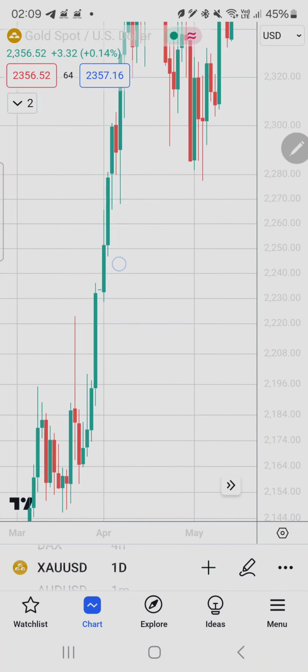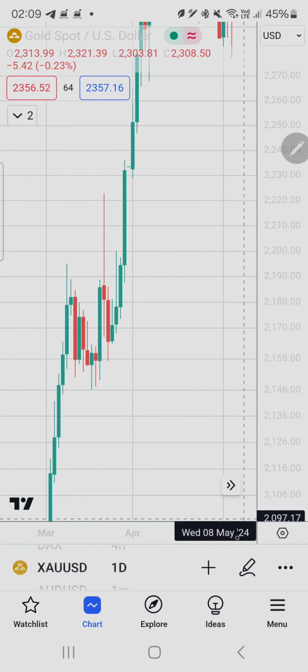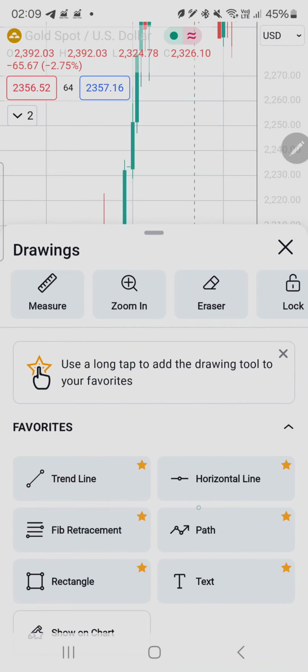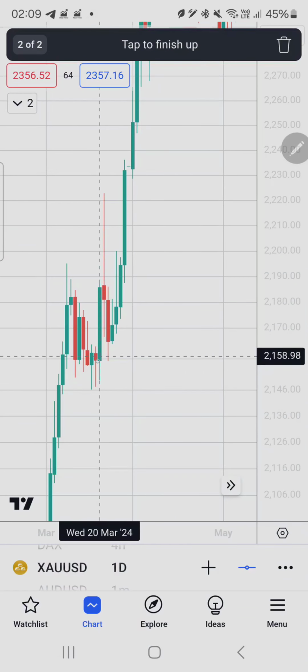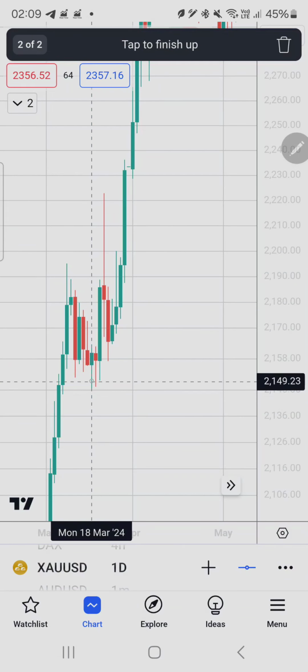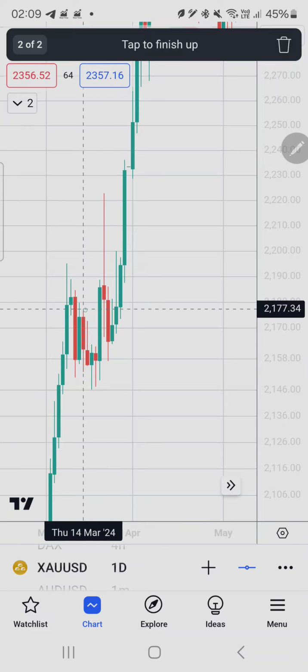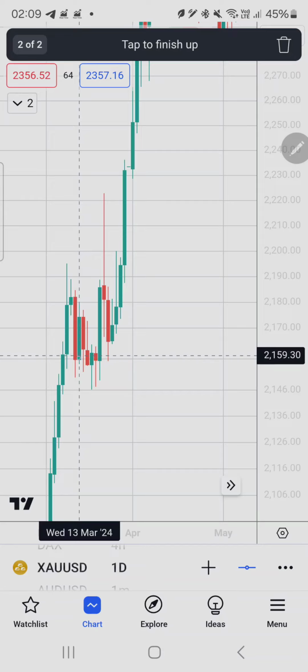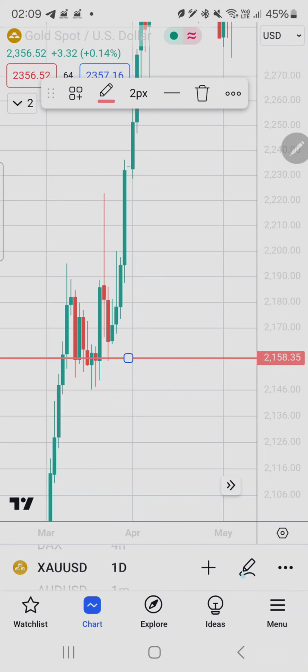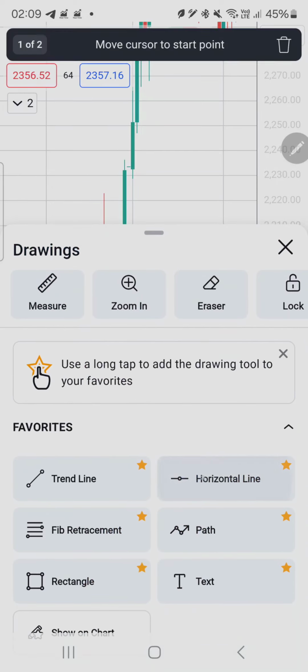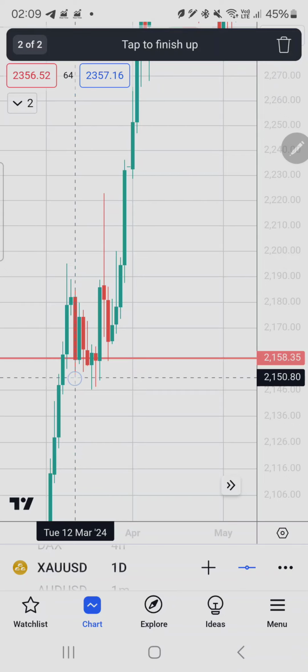And if we go back, where would I be putting it? The market went up, the market went down. It looks a bit confusing here, so I'll bring it down like this, and I'll bring it here.